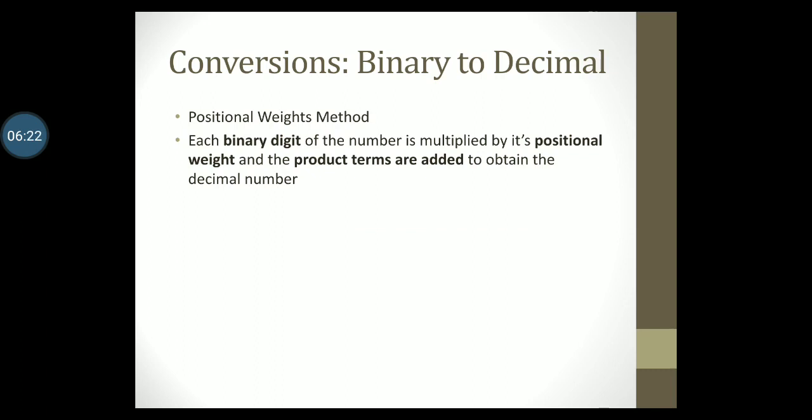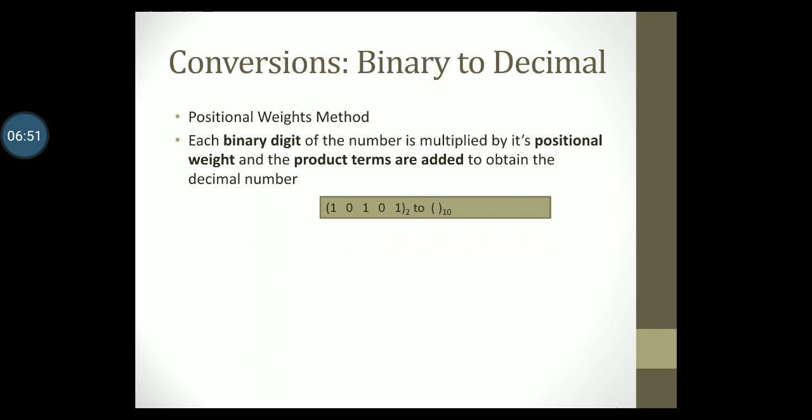Conversions: binary to decimal. A binary number may be converted to its decimal equivalent by a method called the positional weights method. In this method, each binary digit of the number is multiplied by its positional weight and the product terms are added to obtain the decimal number.